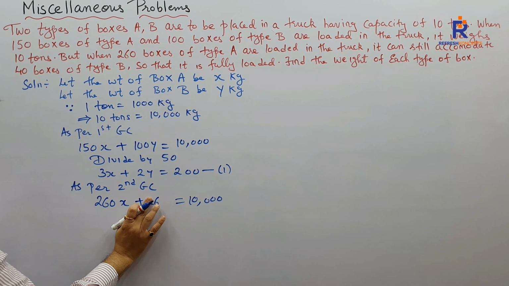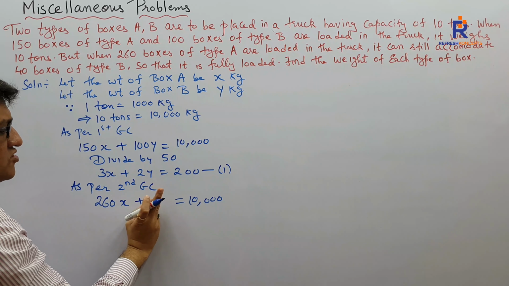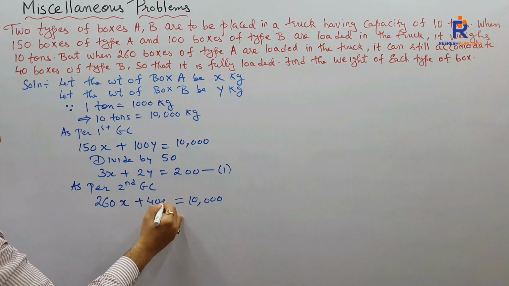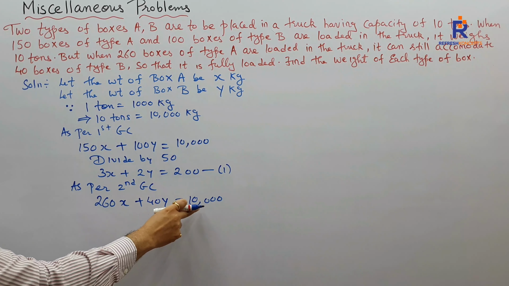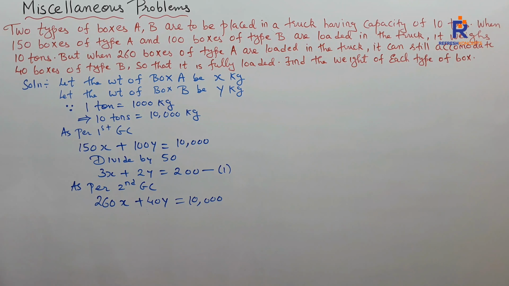40 boxes. I'm really sorry, it's not 26, 40 boxes. So can I say 40, each box of B is y. 260 of A, 40 of B is equals to fullest capacity, which is 10 tons.